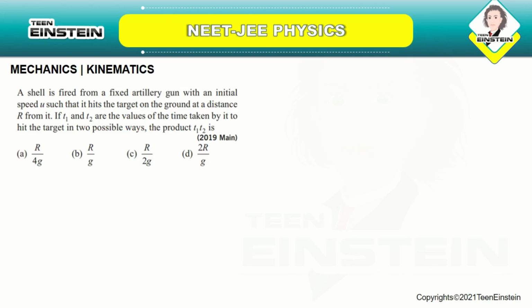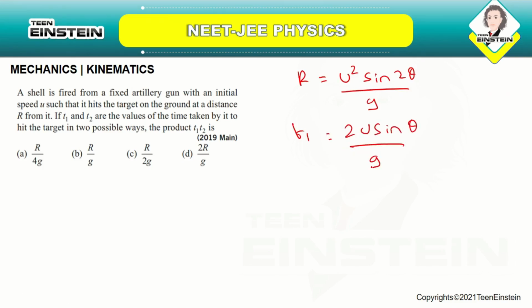So here, at theta and 90 minus theta, the ranges are same. So r is equal to u square sin 2 theta by g, and T1 is equal to 2u sin theta by g, and T2 is equal to 2u sin(90 minus theta) by g.